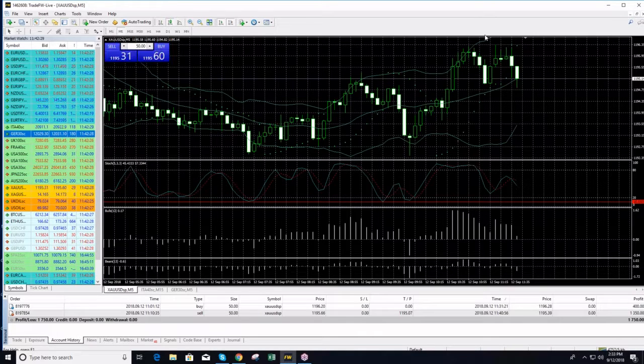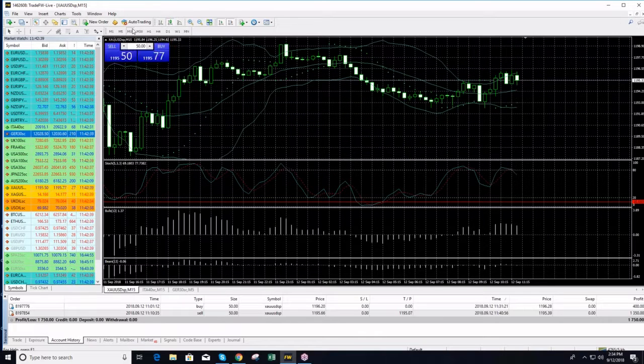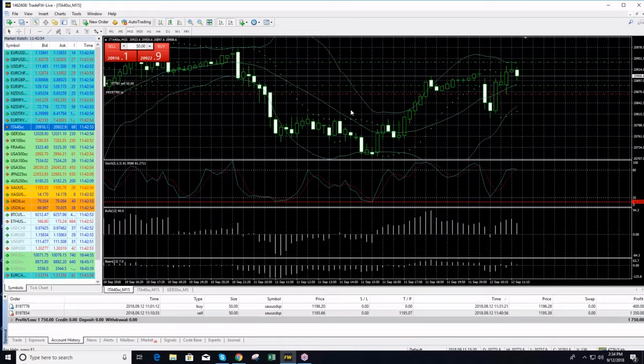And so for now, I will not trade gold because there is not a clear trend. I don't see a clear trend on gold. That's why I will not trade gold for now, because no trend. Let me see what we will do with Italy 40, because Italy 40 is also here.